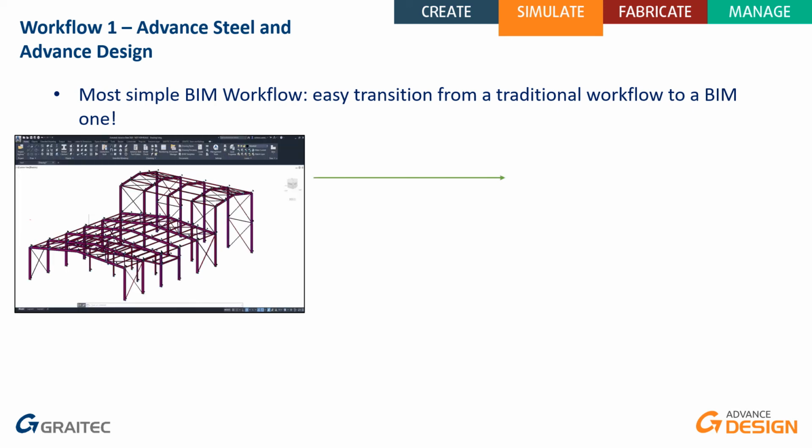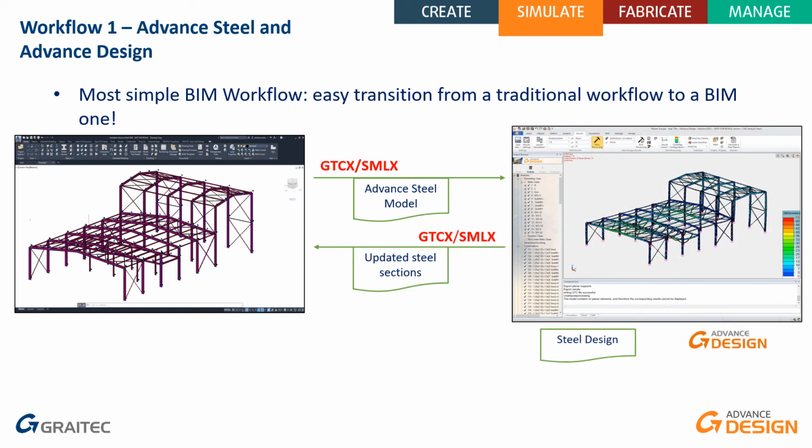So basically, there are two types of workflow mostly used between Advanced Steel and Advanced Design. The simplest one is to use a direct import, export, synchronization command with the BeamConnect.